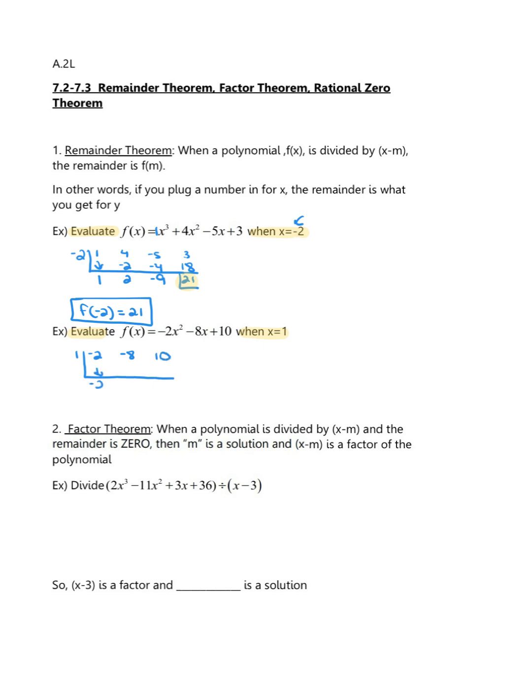Bring down the -2, multiply by the outside. -8 plus -2 is -10 times 1. Okay, the remainder is 0. So we're going to write f of 1 equals 0. Okay, so that's what the remainder theorem is.